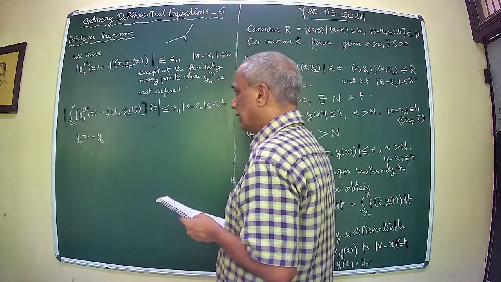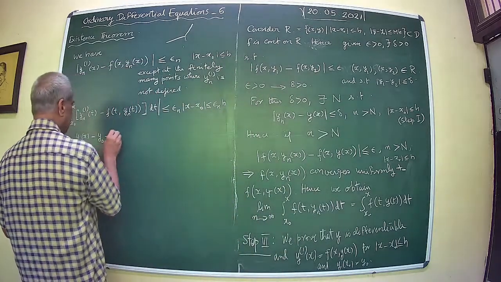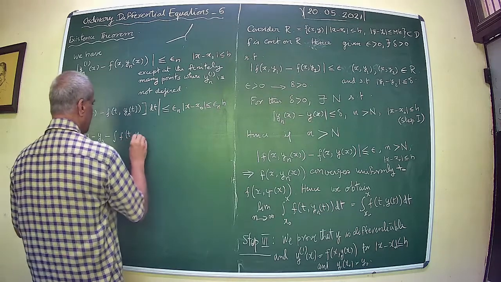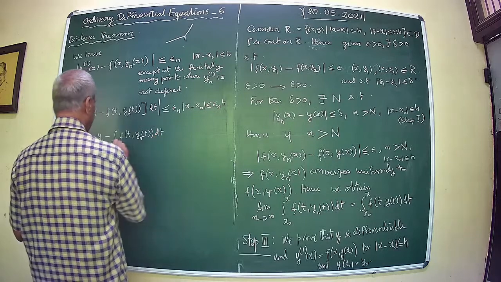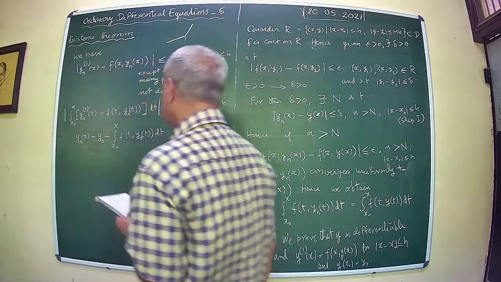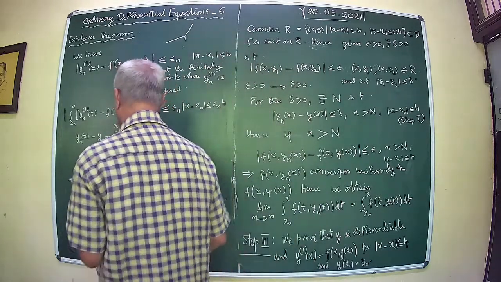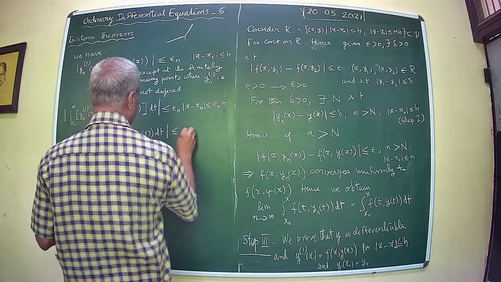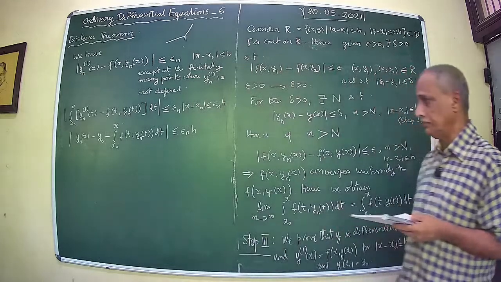Yn at x naught is equal to y naught minus integral f t dt, and this is this one and you know that this is less than or equal to epsilon n h from the previous step.